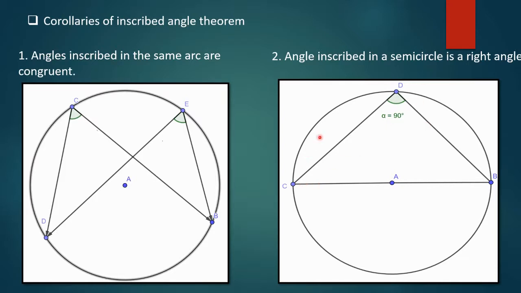Now the above arc, that is arc CDB, is a semicircle. An angle inscribed inside the semicircle will be a right angle, a 90-degree angle. Therefore, angle CDB is a right angle. Hence, we can say that an angle inscribed in a semicircle is a right angle.